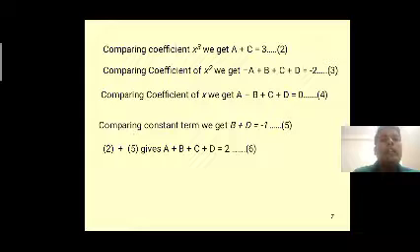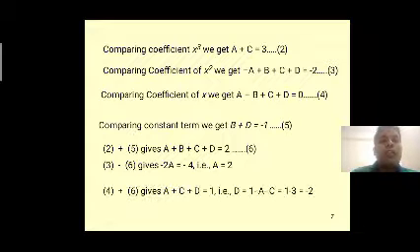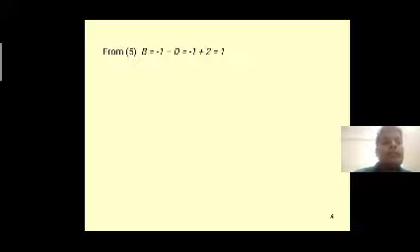Now we do 2 plus 5, which gives A + B + C + D equal to 2. We write this as equation number 6. Now 3 minus 6 gives −2A equal to −4, that is A equal to 2. Now 4 plus 6 gives A + C + D equal to 1, that is D equal to 1 − A − C, which is 1 − 3, equal to −2.